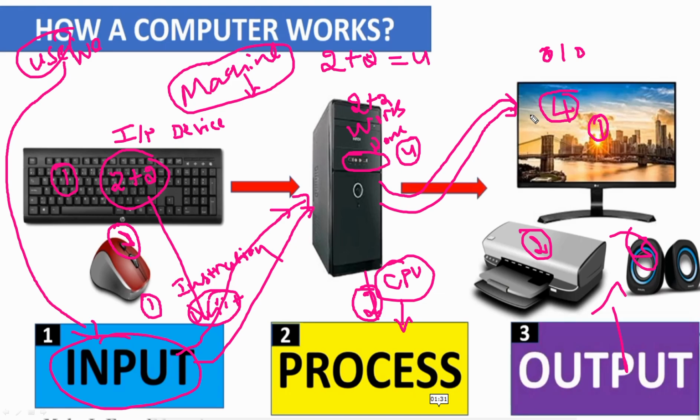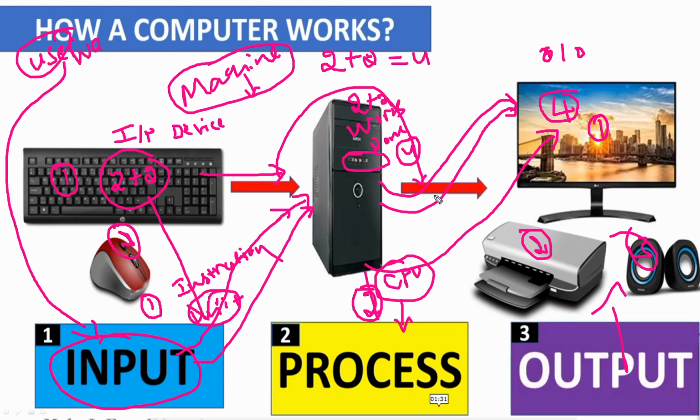In this way the computer system processes our data. In the input part, the instructions we give are called the input unit. After giving them, they go to the processing unit. The CPU will set the answer and finally send it to the output unit.